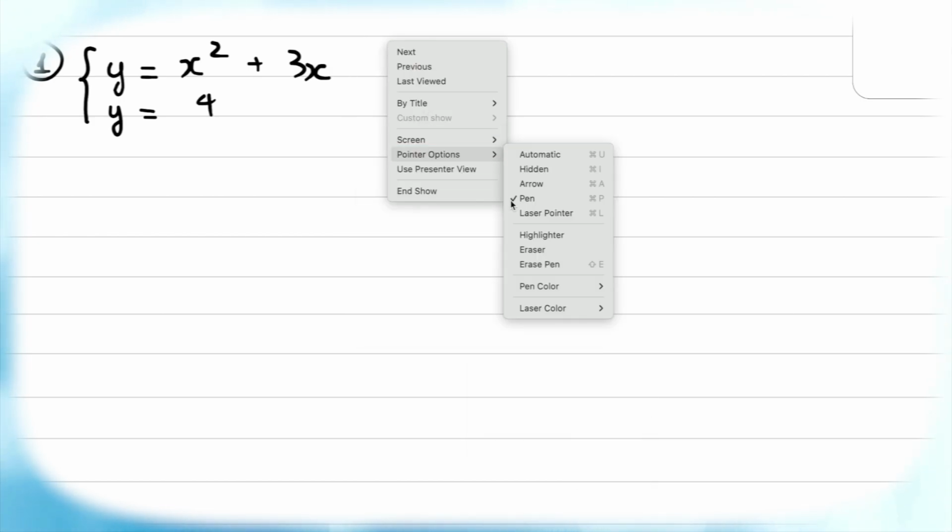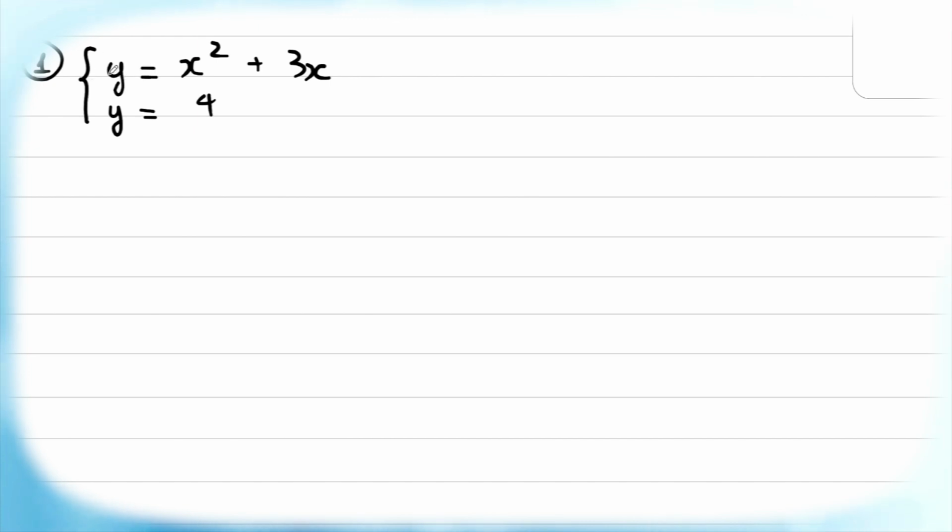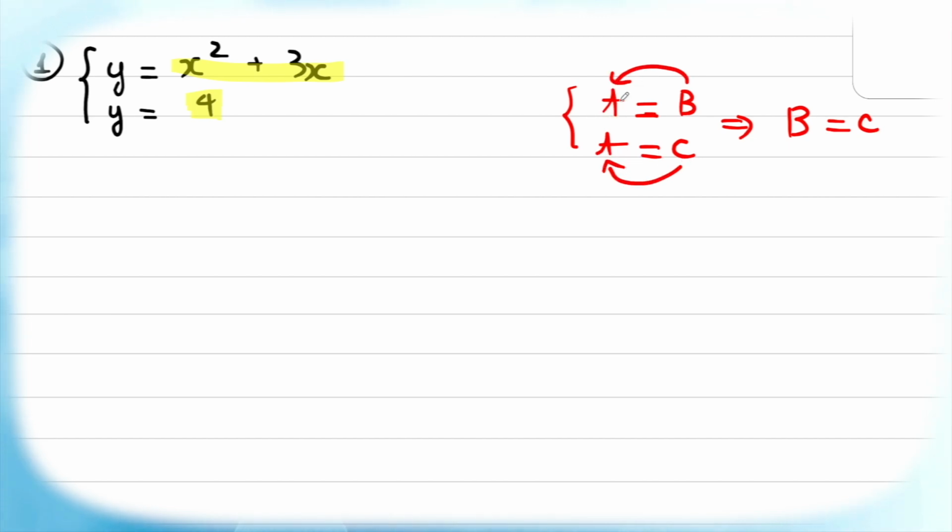The first equation is y equal to x squared plus 3x, and the second is y equal to 4. If a equal to b and a equal to c, then we will have a third equation between b and c. Since b equal to a and c equal to a, and a is the same for both, b has to be equal to c.